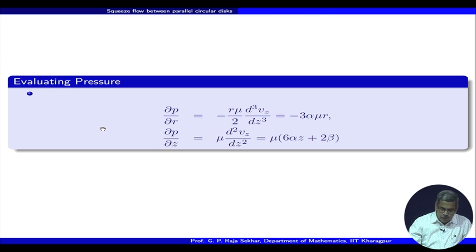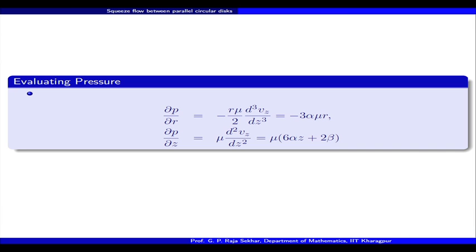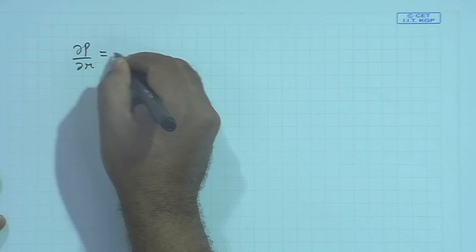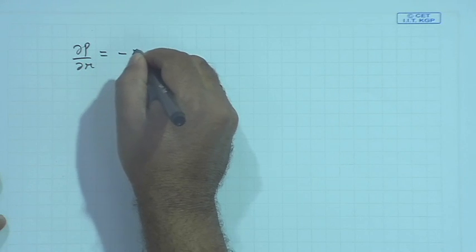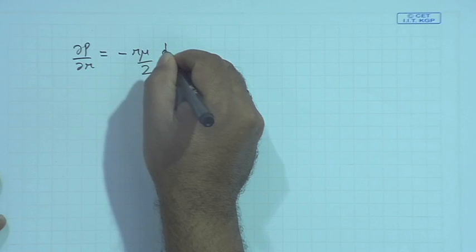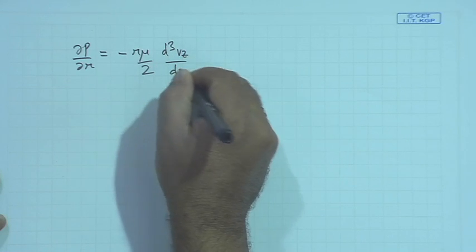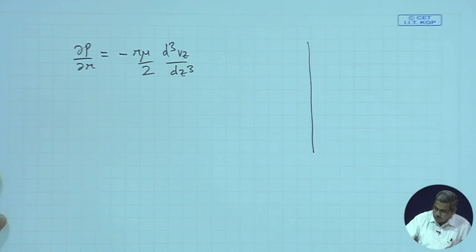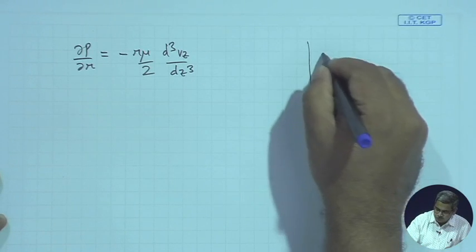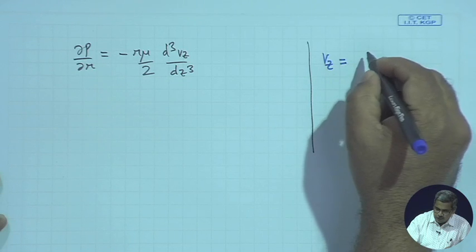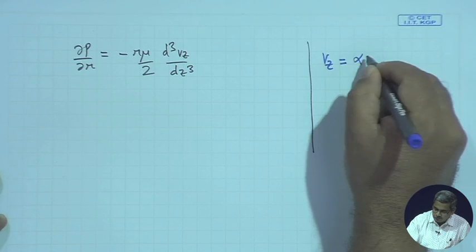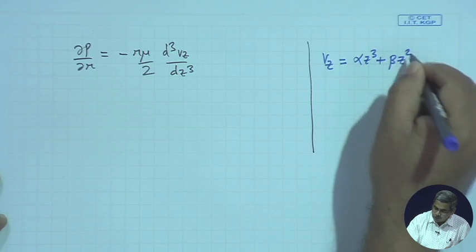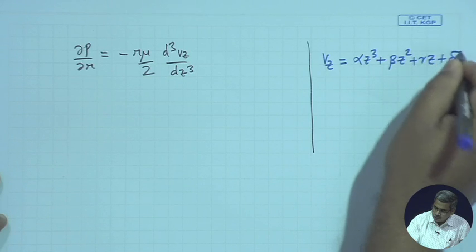Let me make you understand this. We have the r momentum equation, which is already reduced, and we have the V z structure, where V z is written as alpha z cubed plus beta z squared plus gamma z plus delta.